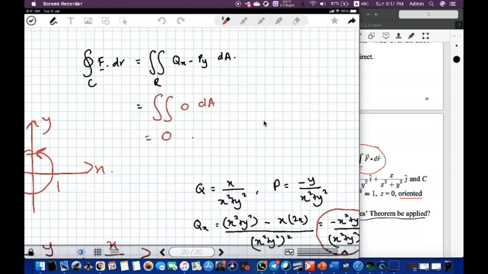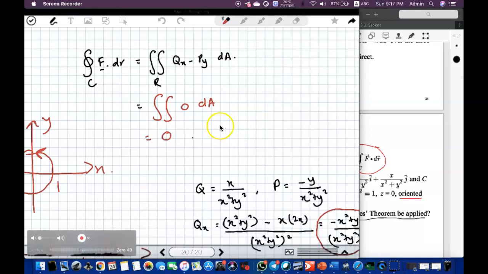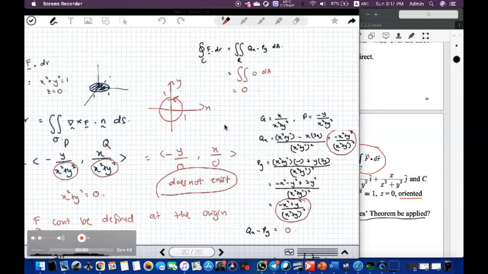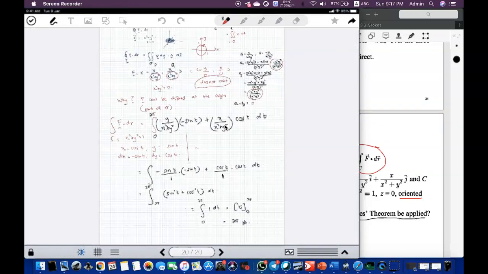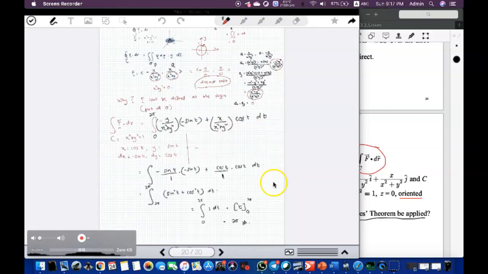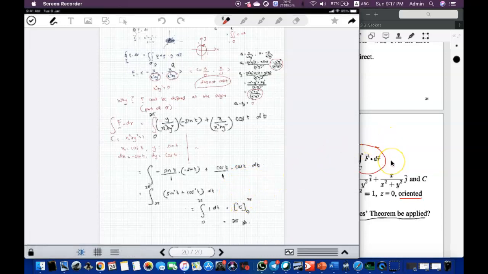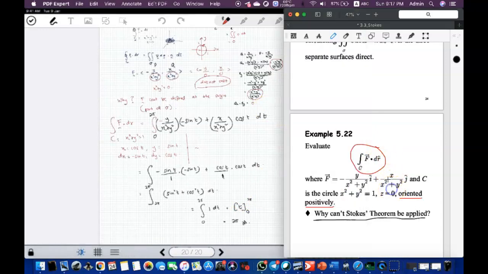But is that correct? Now you compare with your calculation just now, using the direct method, you got 2 pi. And that is why the answer is not the same, because actually Stokes' and Green's theorems are not applicable here, since their conditions for the given F are not fulfilled.